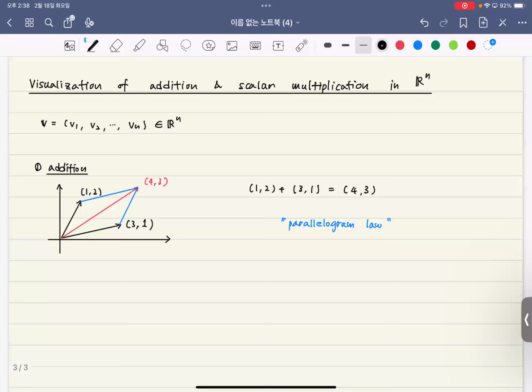Well, and scalar multiplication is also easy.